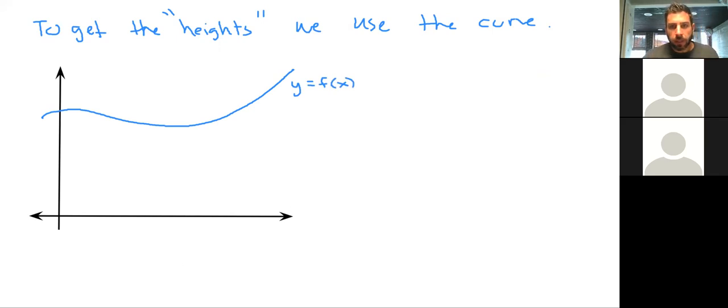And then I need points to be worried about. How about I have A, and then suppose here's B. And let's do a very simple case.